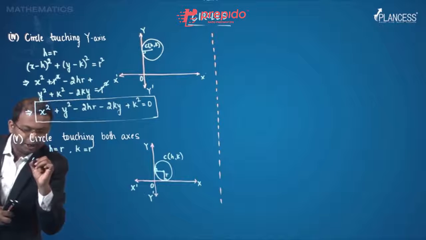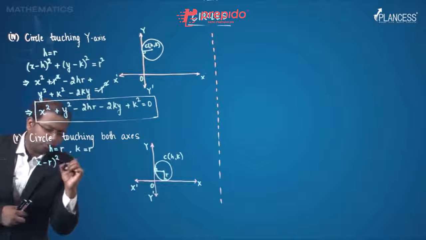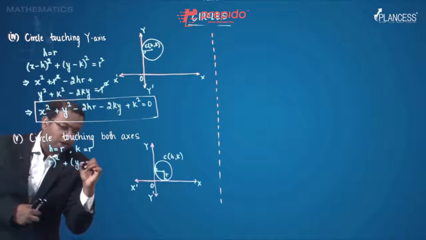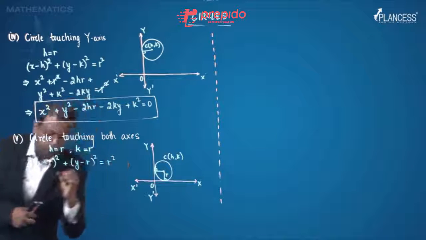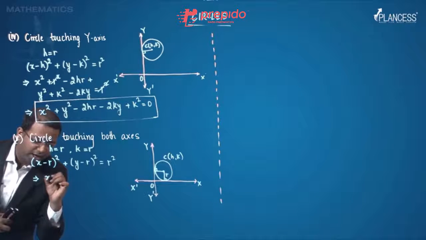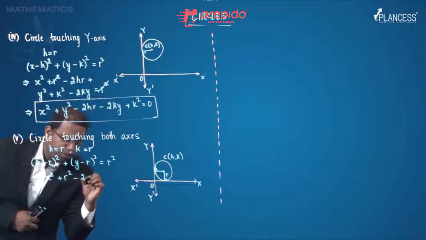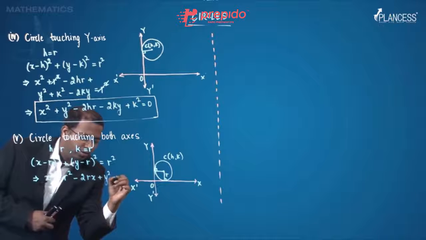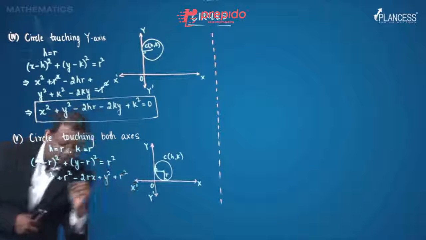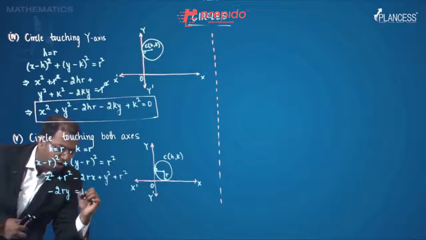So our standard equation becomes (x minus r) whole square plus (y minus r) whole square equal to radius square. So we have x square plus r square minus 2rx plus y square plus r square minus 2ry equal to r square.